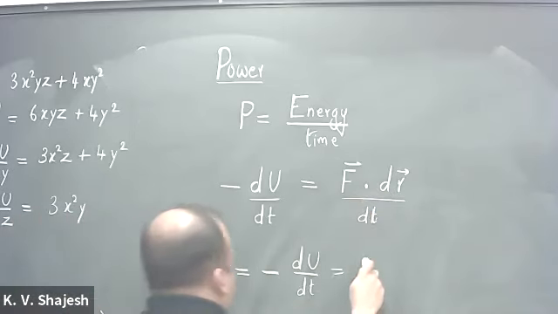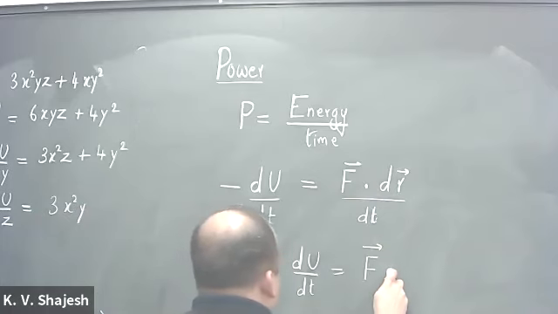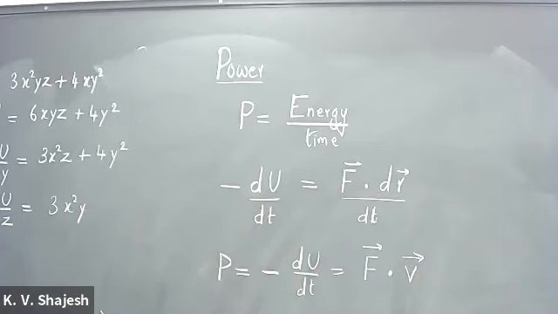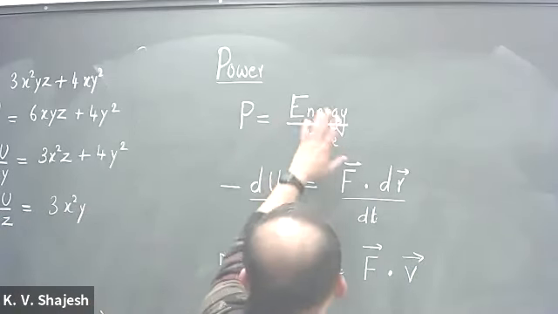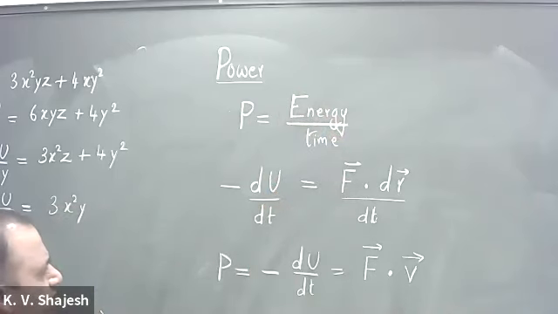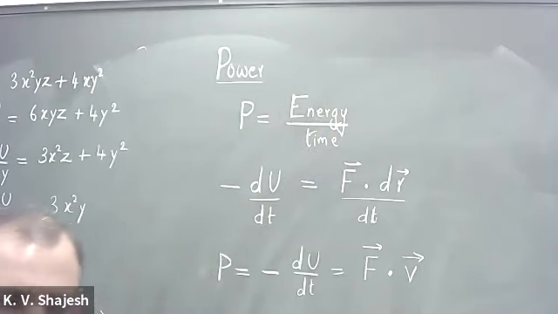So we have this nice feature that power comes out to be the dot product of the force and velocity, only for potential energy. In general, power is energy over time, but if you have a potential energy associated with the force that we are talking about, then power can be interpreted as a dot product between force and velocity.